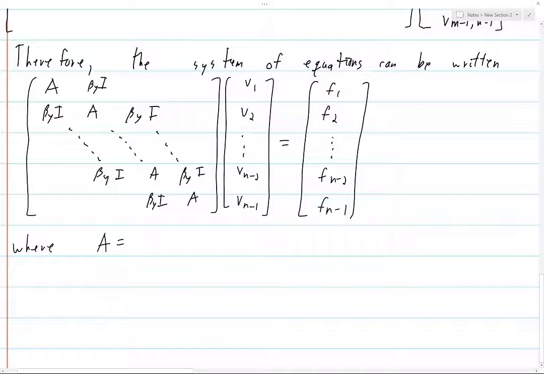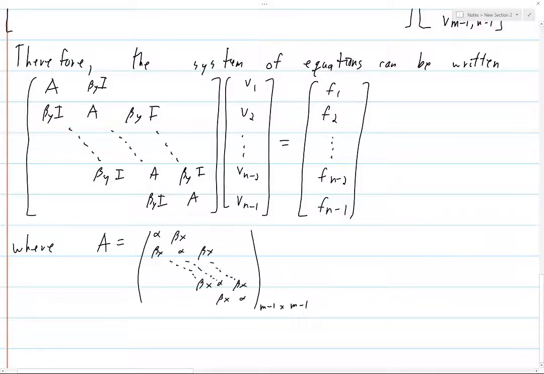This is m minus 1 times m minus 1. Because if you go back and look at the block setup, each block corresponded with one of the column vectors that we were looking at. And each column vector had m minus 1 entries, and so each block must be m minus 1 by m minus 1.